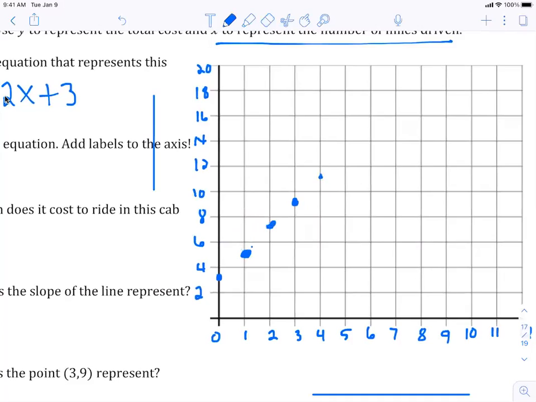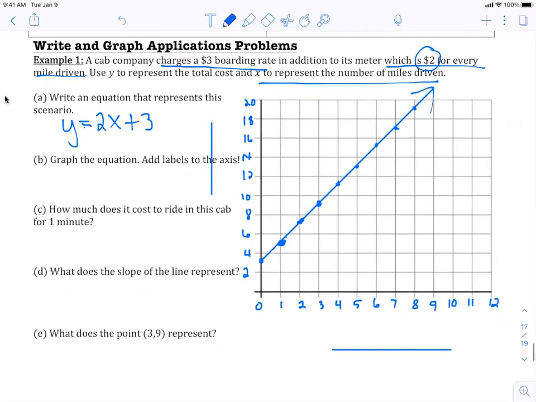Rise 2, run 1, here, here, here. And we can now fill in our line. So for this particular one, we're going to start at 2, and we're going to go all the way, and it's going to go off into the distance.